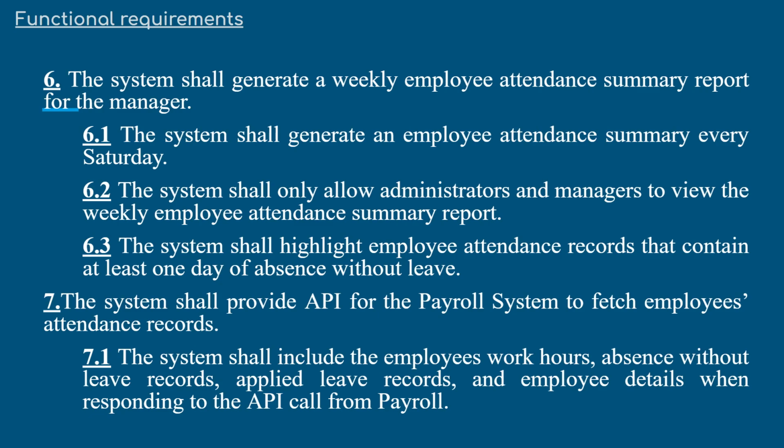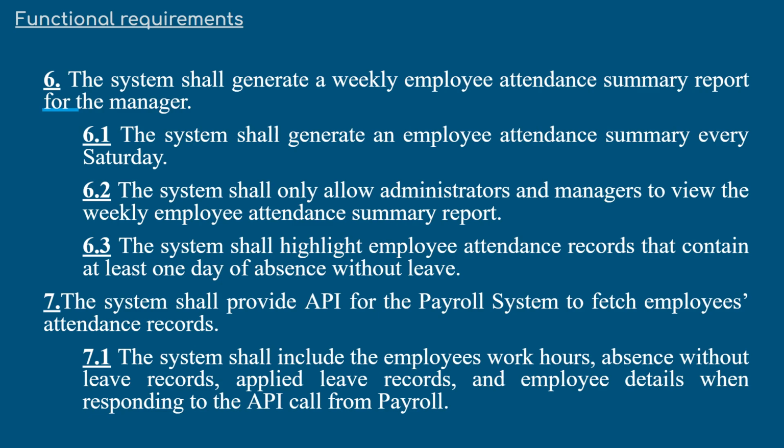Okay. So the last functional requirement is the system shall provide the API for the payroll system to fetch employees' attendance records. So the constraint is the system shall include the employees' work hours, absence without leave records, applied leave records, and employee details when responding to the API call from payroll.